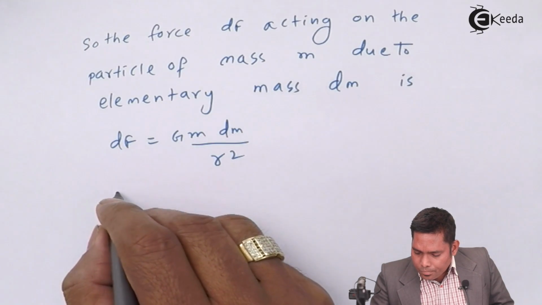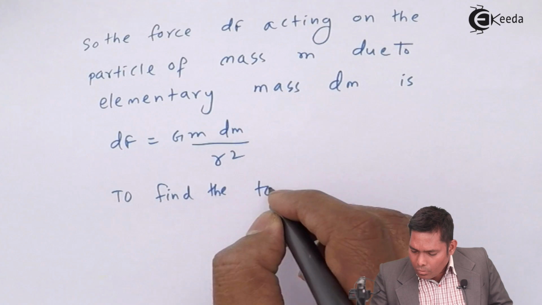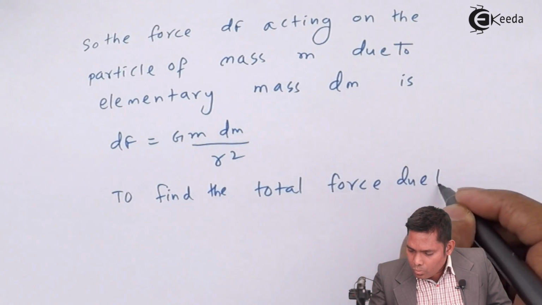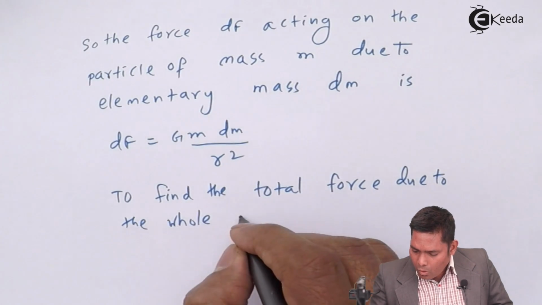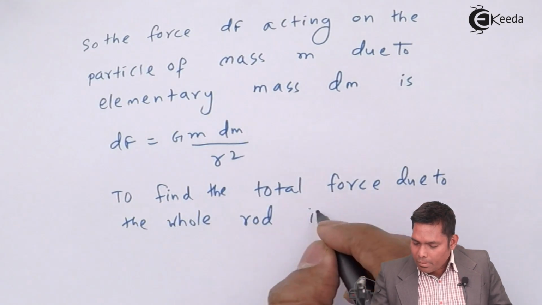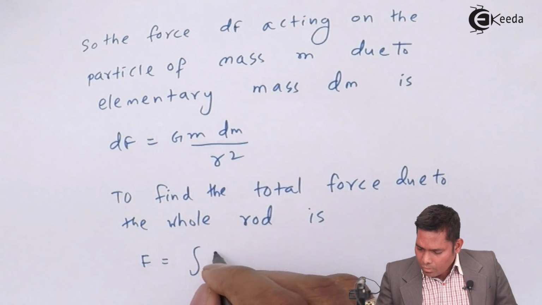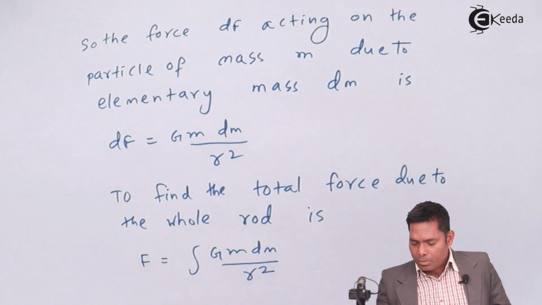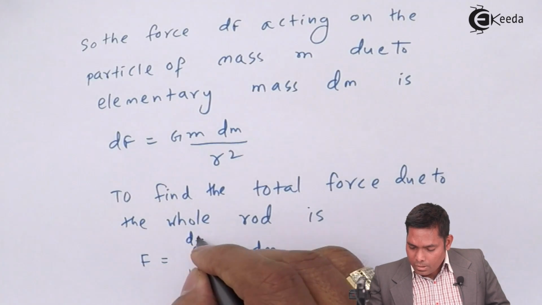And the total force due to the whole rod is given by F equals the integration of G m dm over r square. The limit will vary from d to d plus L.